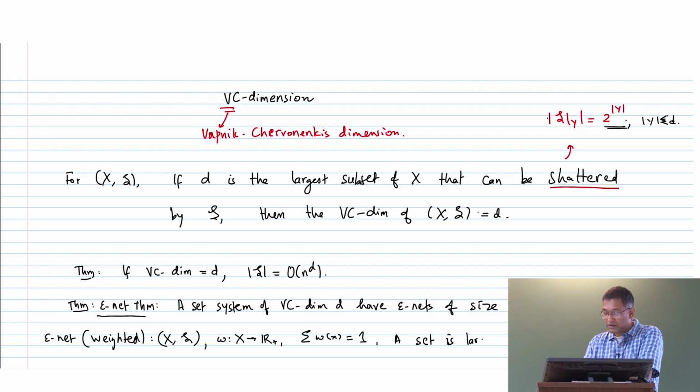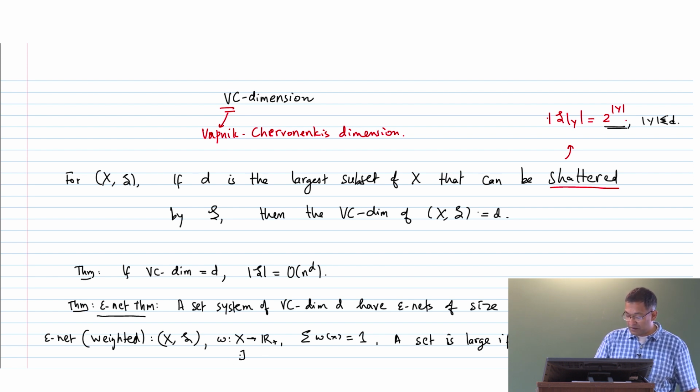Then a set is large if the weight of S is at least epsilon. A set is large if it contains at least total weight of epsilon. It's just the weighted version. Or you can think of replacing each point with as many copies as its weight, and then you get the unweighted version.